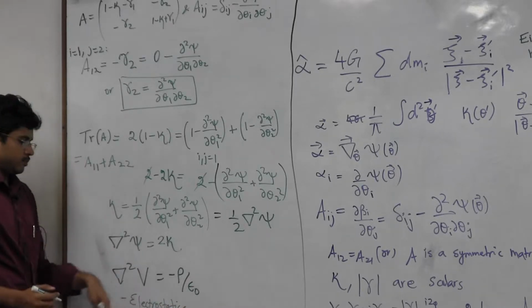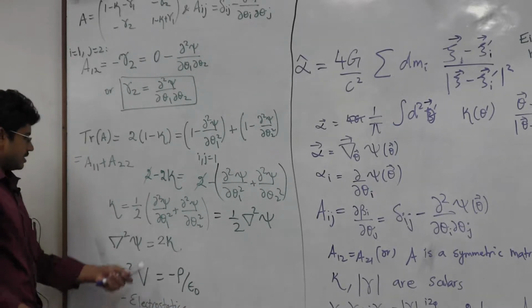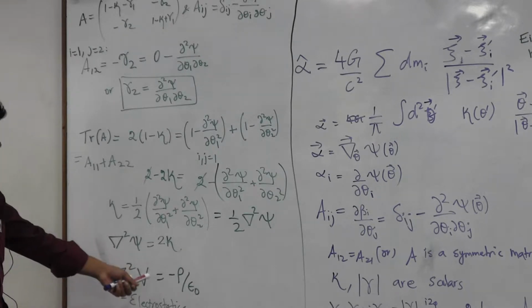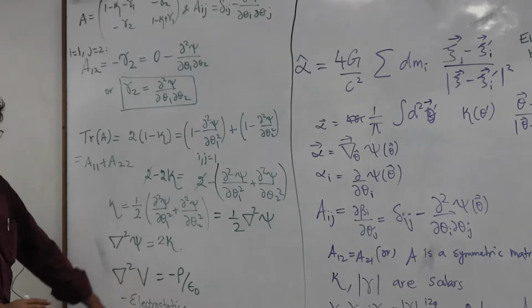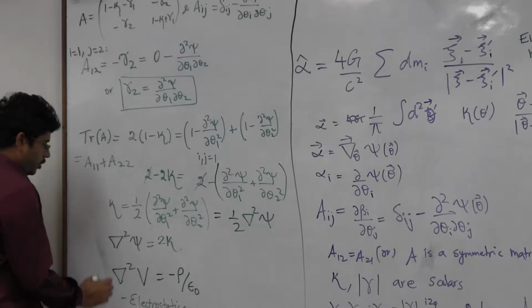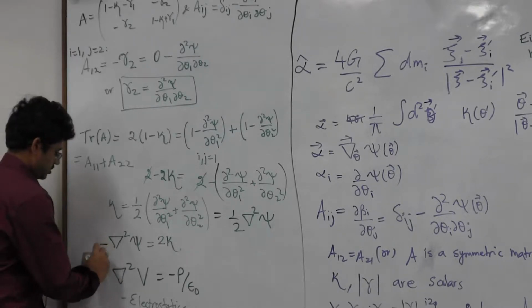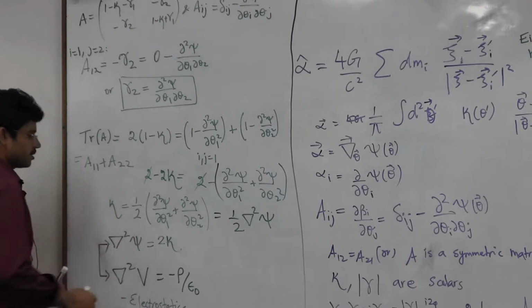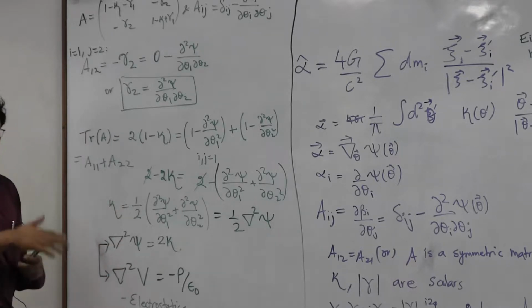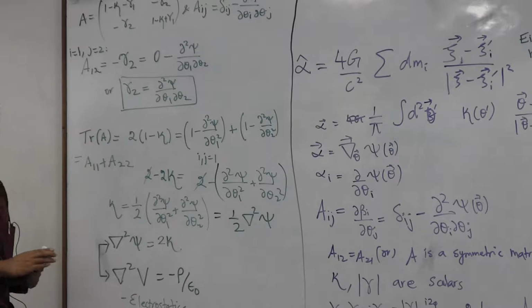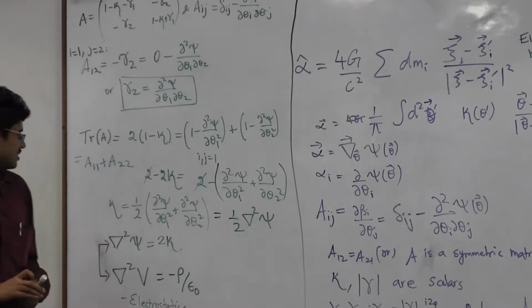So this is known as the Poisson equation. It is essentially the electrostatics that you know written in a more compact form, and this equation is very similar to this. If you do enough fields in physics, you will see that one field can actually be mapped to another field. So that's the thing.